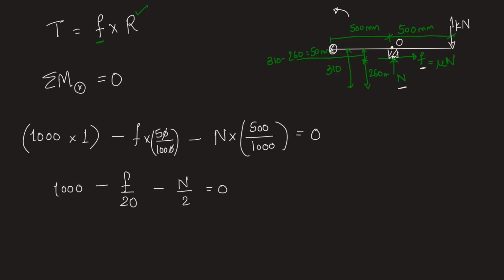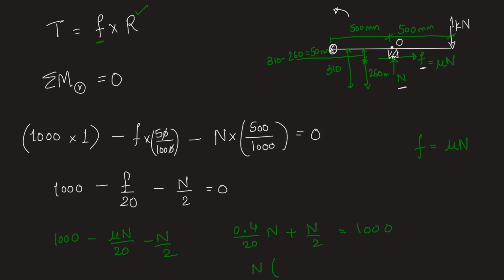F can be put as mu N, and we'll first find N, from where we can find out F using mu N itself. So we have 1000 minus mu into N by 20 minus N by 2. Rearranging this, the coefficient of friction is given as 0.4. So we have 0.4 by 20 into N plus N by 2 is equal to 1000.